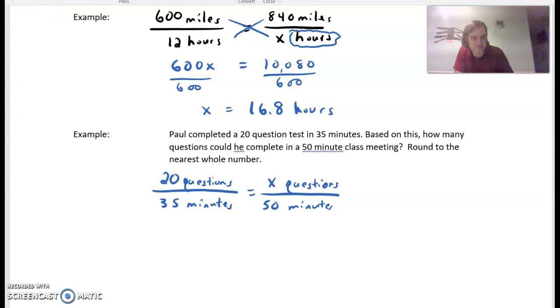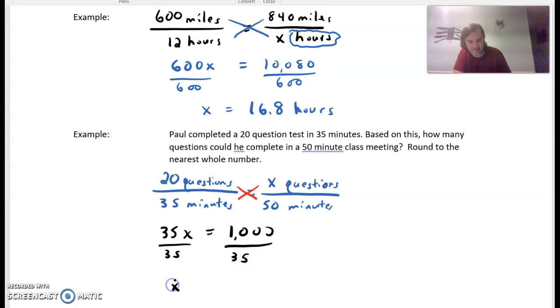But we're going to cross multiply this proportional equation, and when we do that, on one side we will have 35x, and on the other side 1,000. Let me use the calculator. Yes, 1,000. I'll divide by 35 to get the x by itself and solve the equation.